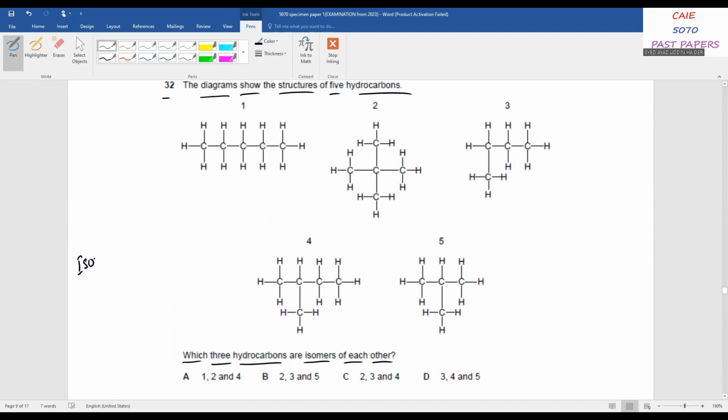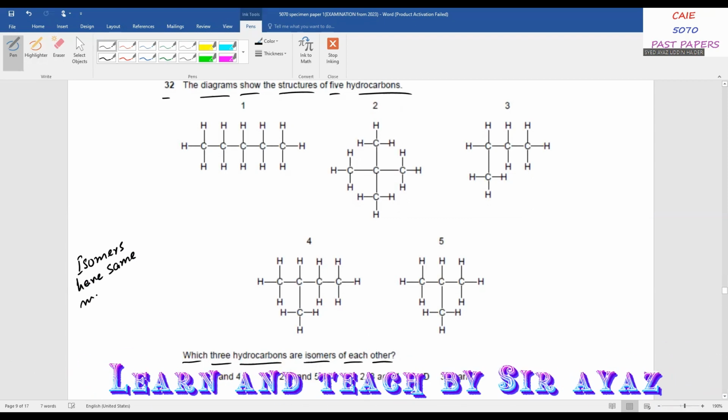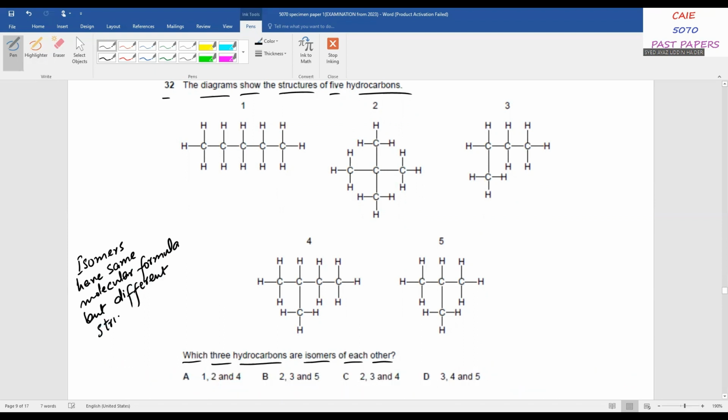Isomers have the same molecular formula, but different structural formula. So the best way of doing this is start writing the molecular formula of each hydrocarbon.